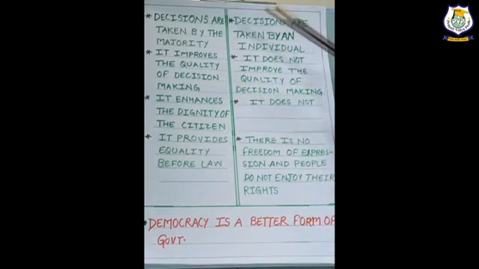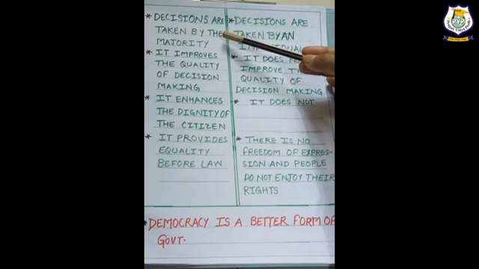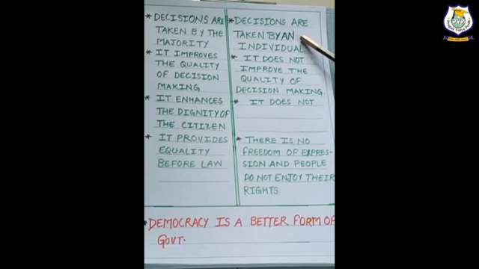These are: decisions are taken by the majority in democratic government. In non-democratic government, decisions are taken by an individual.